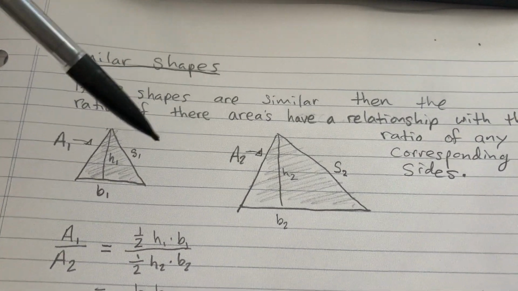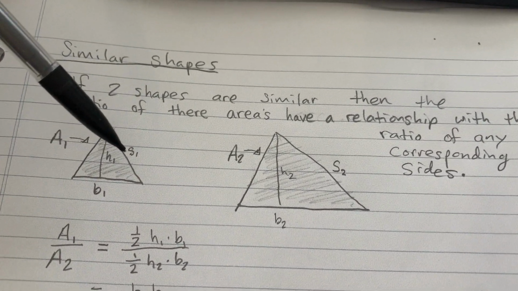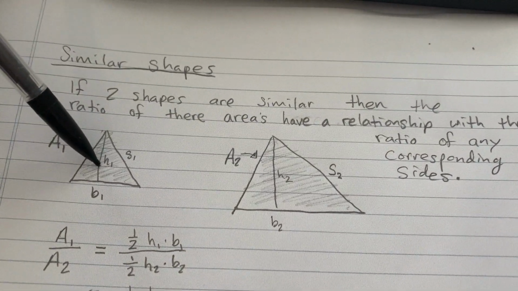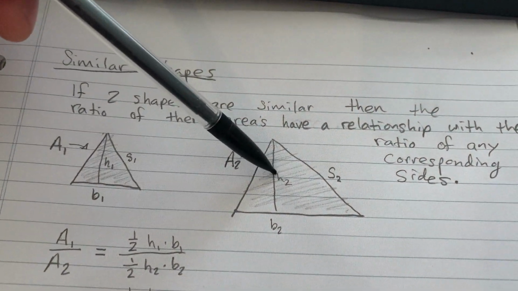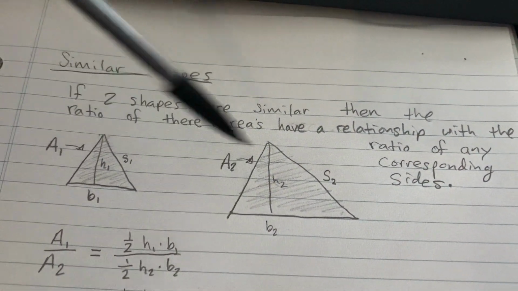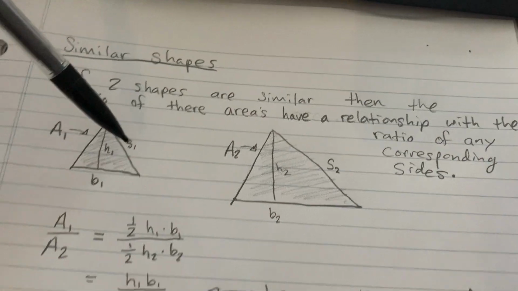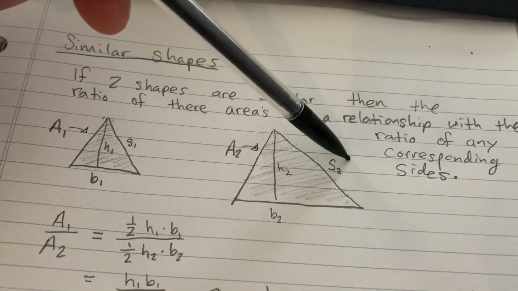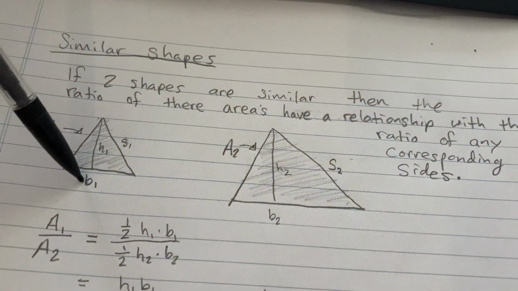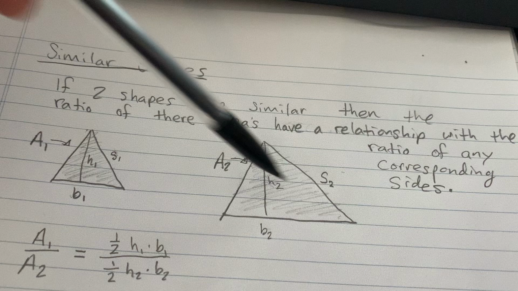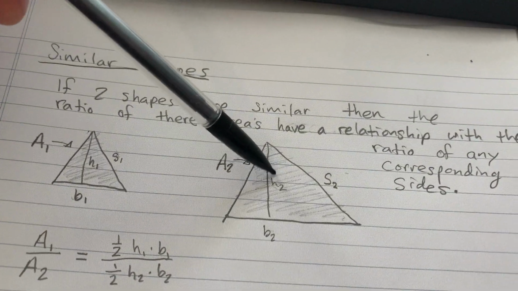Now, if they're similar, you know that the ratios of the corresponding sides are equal, which means that since this height corresponds with this height, the ratio of H1 to H2 is the same as any of the corresponding sides. For example, H1 over H2 equals the same thing as S1 over S2. Likewise, base 1 over base 2 equals the same thing as S1 over S2 or H1 over H2.